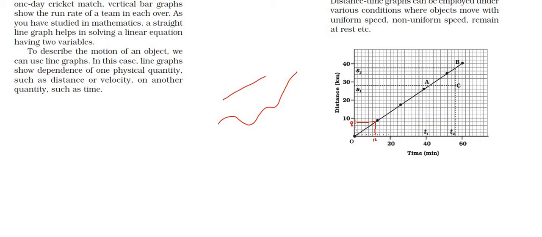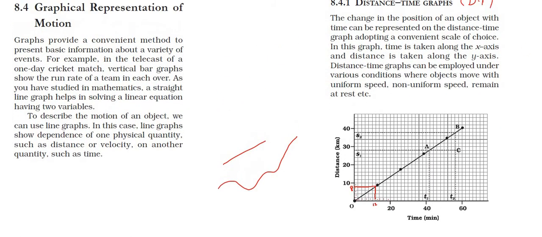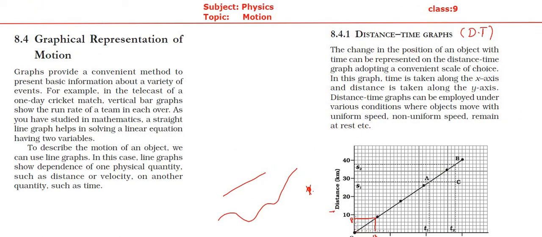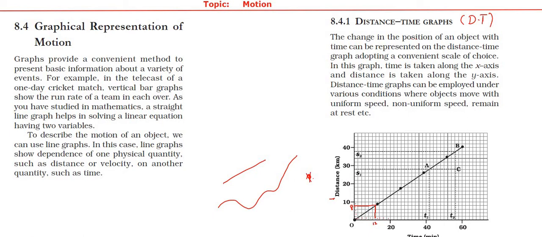This is called a DT graph or distance-time graph because distance is plotted versus time: in the x-axis we have time, in the y-axis we have distance. If the velocity is on the y-axis instead, we call it a VT graph or velocity-time graph. I hope all of you understood this.